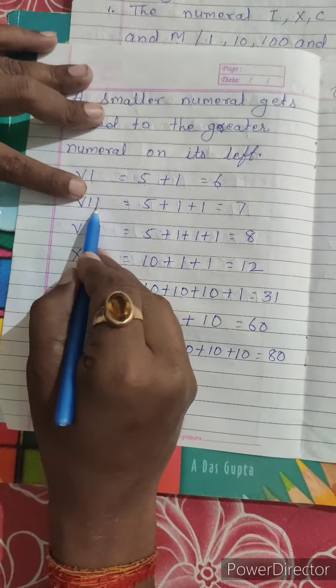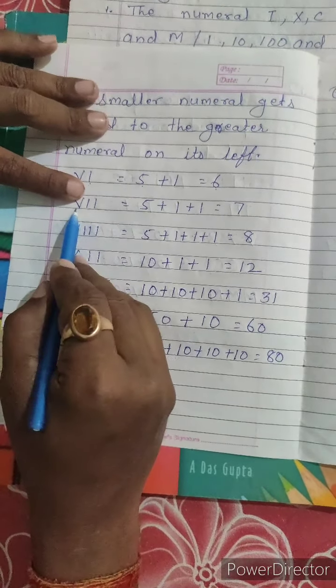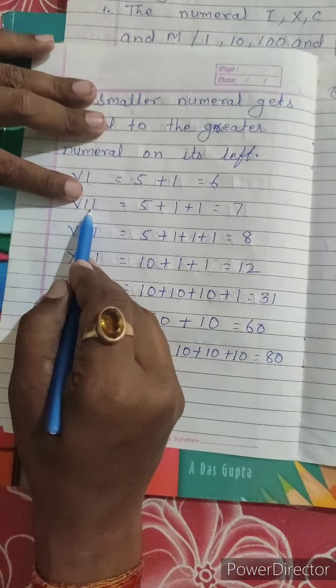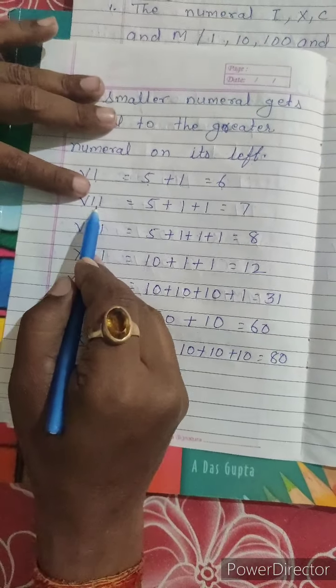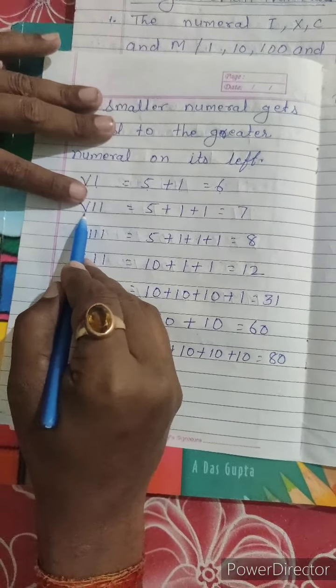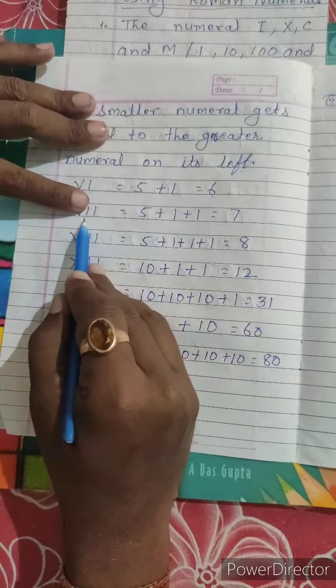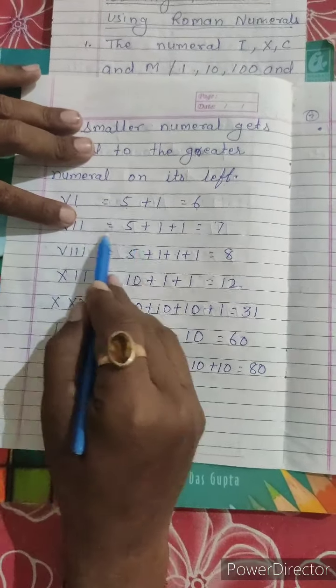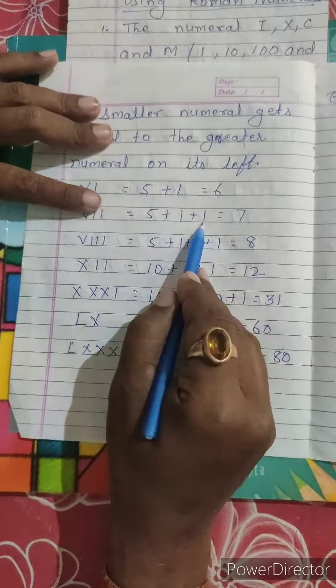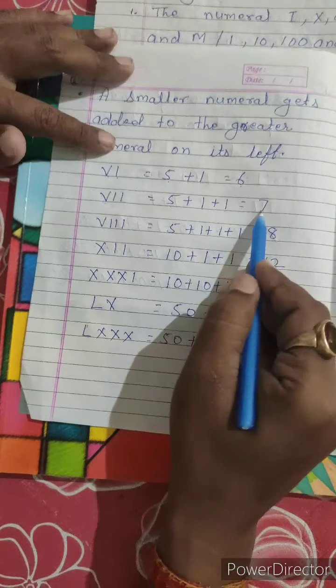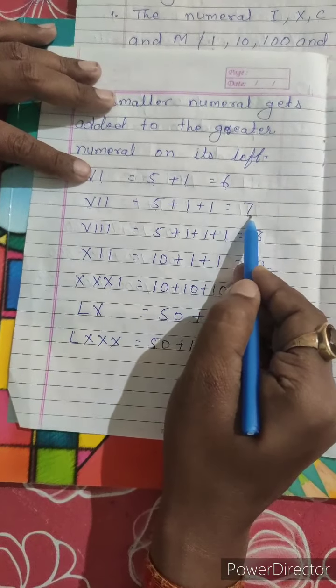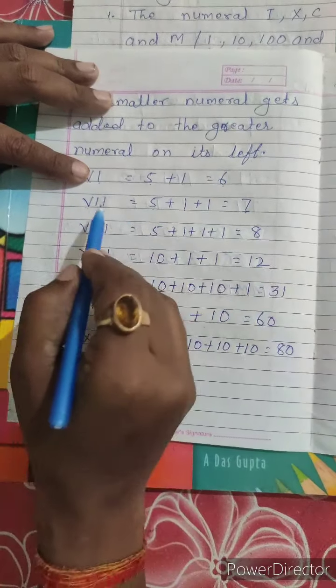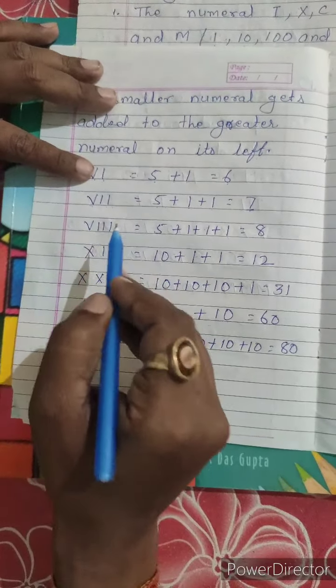Now VI. Again, the smaller number is written after the greater number. V is 5 and I is 1. Now it gets added, it becomes 7, and the Roman numeral for 7 is VII.